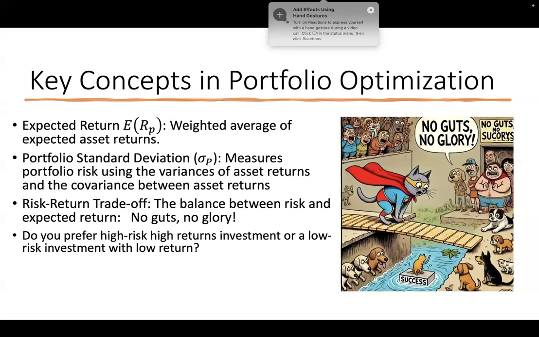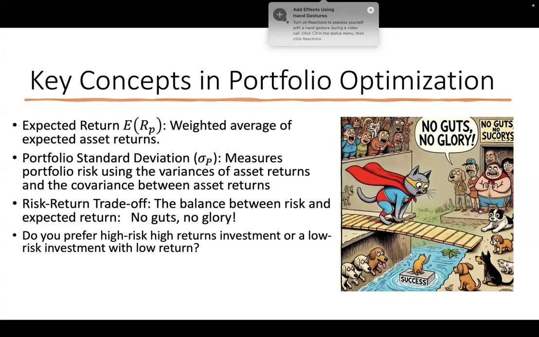Now, one question we can always think about is: do you prefer a high risk, high return portfolio or a low risk investment with low return? Sometimes people say, I want high return, low risk. Duh, I wish I had that. But out of this, people have different preferences, and there's no right or wrong answer.